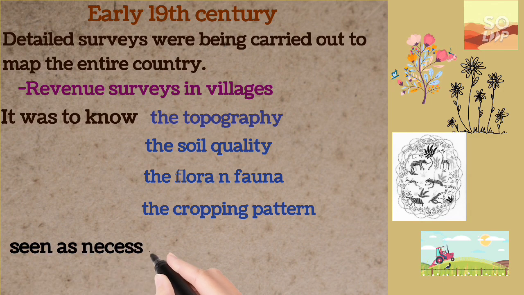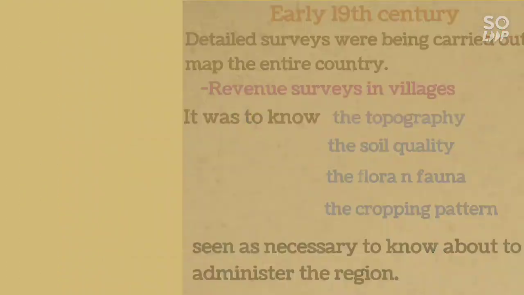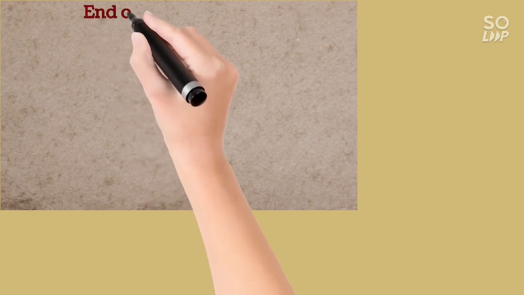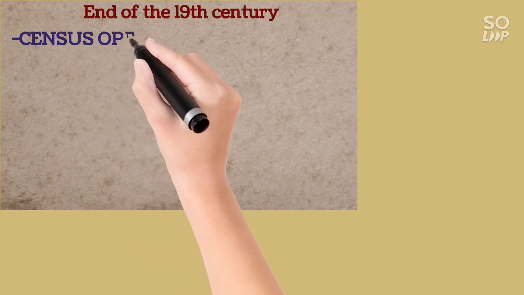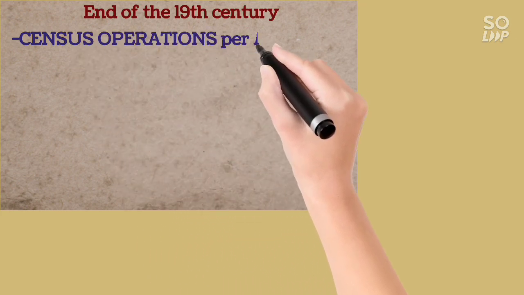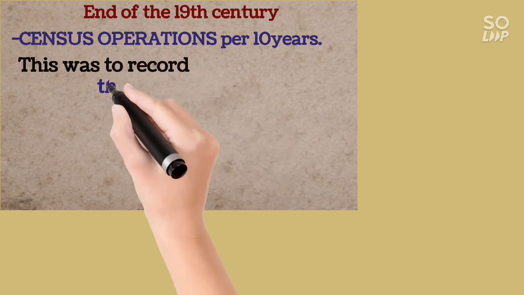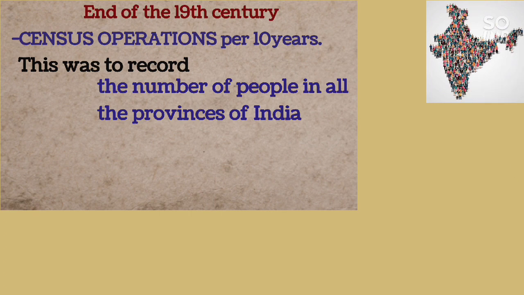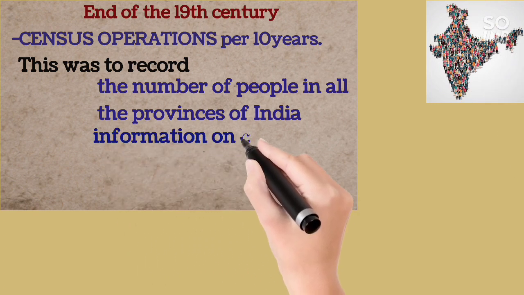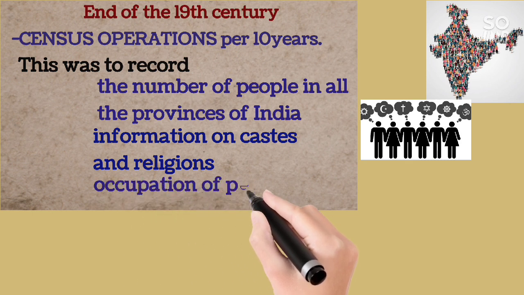All these facts were seen as necessary to know about to administer the region. In the second phase, that is from the end of the 19th century, census operations were held every 10 years, and this census survey prepared detailed records of the number of people in all the provinces of India and information on caste and religions and also occupations of people.